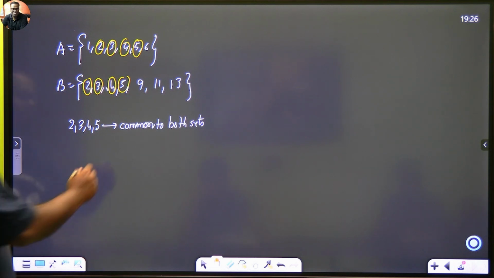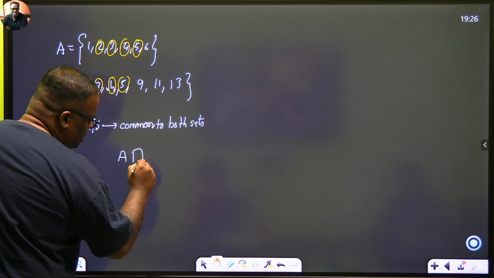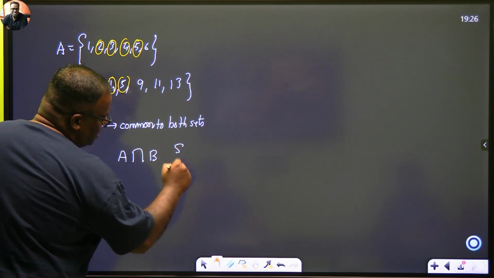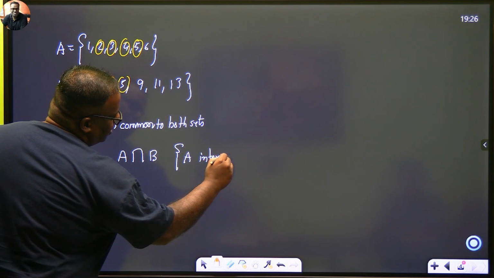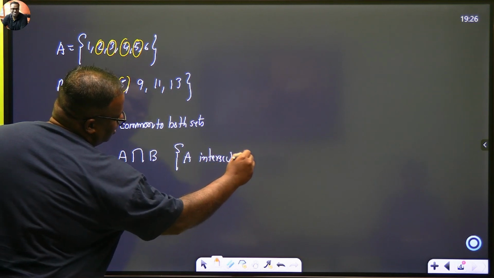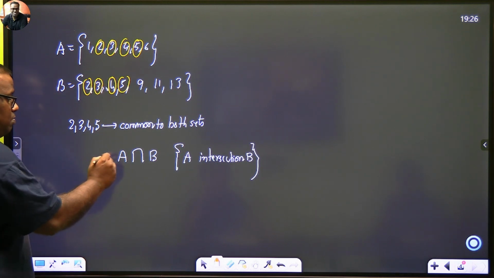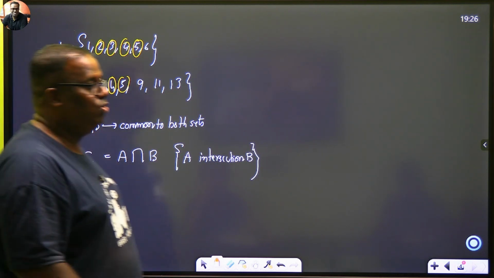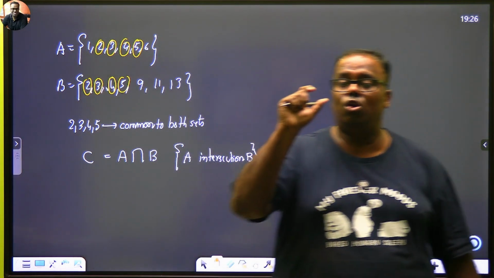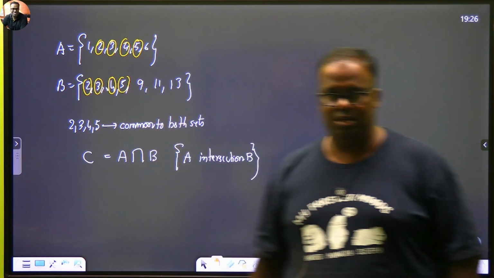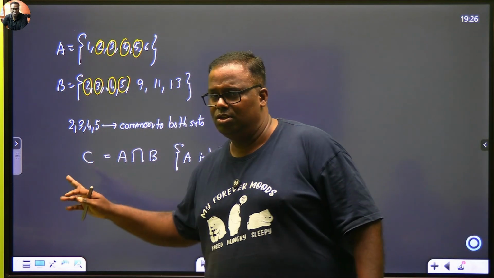So we represent this as A ऐसा उल्टा U B, which means A intersection B. What is A intersection B? A intersection B is a set C which actually shows the elements which are common to A and common to B.